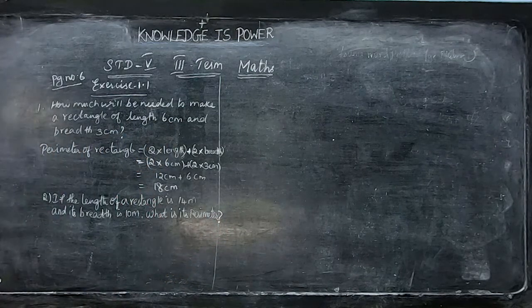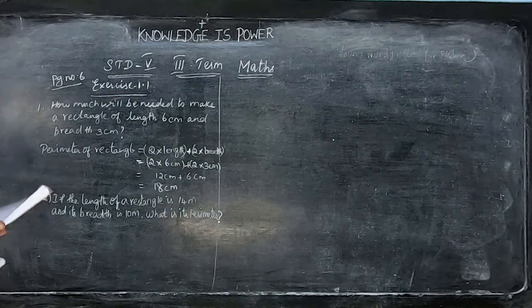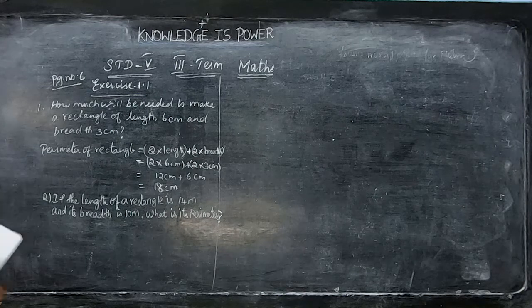Okay, the length of a rectangle is 14 meter and its breadth is 10 meter. What is its perimeter? So same thing.